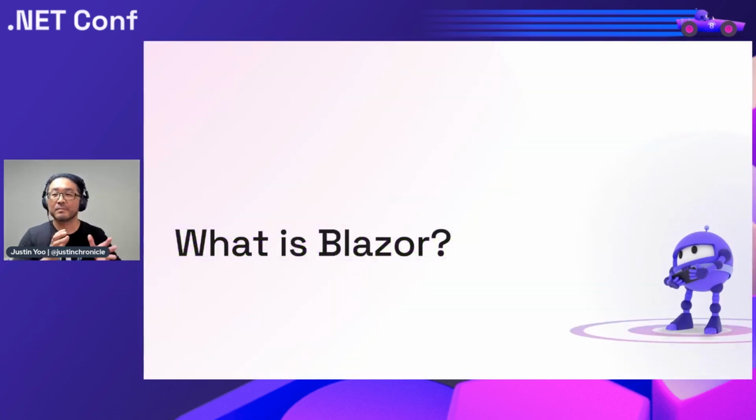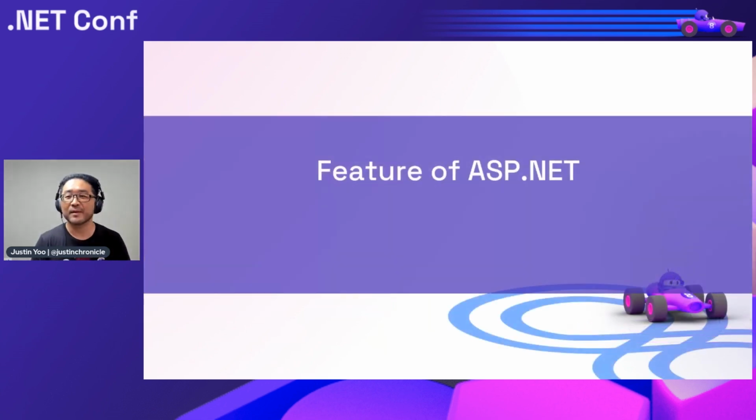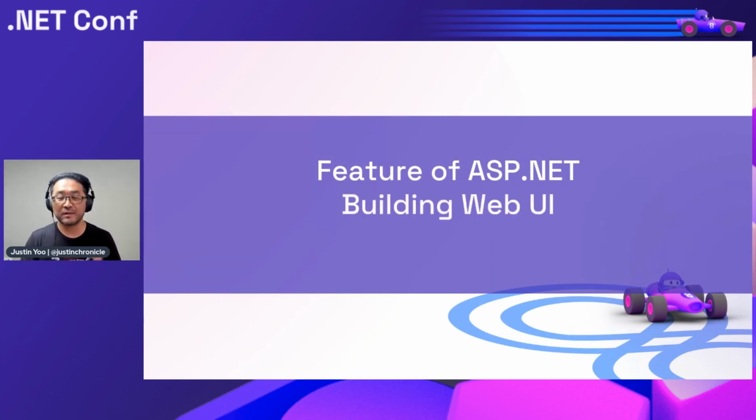Right, because this session is all about Blazor. Some of you are already familiar with what Blazor is, but the rest of you might not be. So what is Blazor? It's basically a feature of the ASP.NET web framework. With Blazor, we build web UI applications.